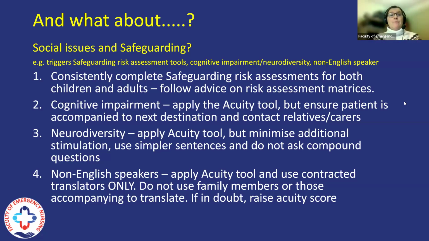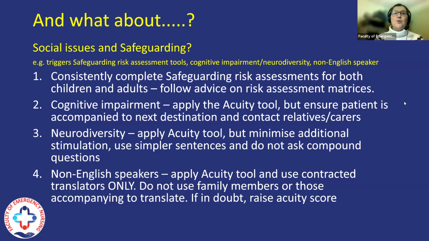We were asked about people with a cognitive impairment. Well, again, just apply the tool, but you need to make some reasonable adjustments. So that's a phrase from the Equality Act that simply means that you make some adjustments to reduce health inequalities or social inequalities, but mostly in our context, health. So someone with a cognitive impairment who you've clocked, because some of them are very good and very convincing and you don't know there's an impairment, but where you've clocked that there's an impairment, just make sure they are accompanied to their next destination.